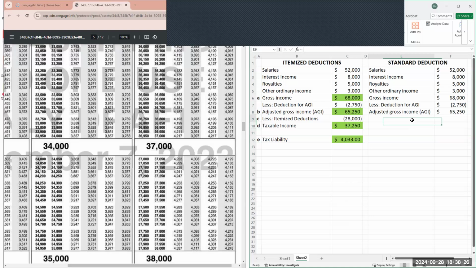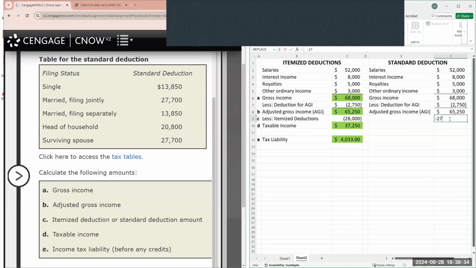All right, so now let's say that the individual took the standard deduction. The standard deduction for a married couple, as we know, is 27,700. And again, this is just for example purposes, so you see the benefit of taking the greater of the two.